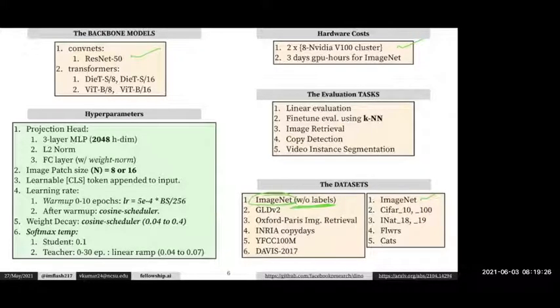Yeah, so that's the important thing to note down here. And then once they have trained it on ImageNet, they extrapolate that on various different data sets like Google landmark detection task, the image retrieval, and then copy detection and video segmentation, right? Over here, DAVIS 2017.